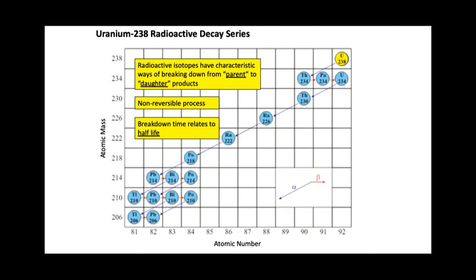And so you drop down to 234. There's 4 particles that depart, right? But it's only two protons that leave. And so you're no longer going to be uranium once you give off that alpha particle. That alpha particle leaves and it spontaneously turns into thorium.